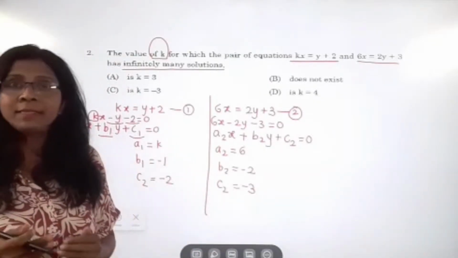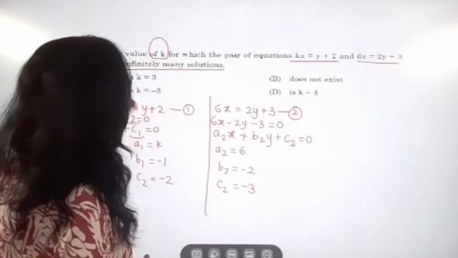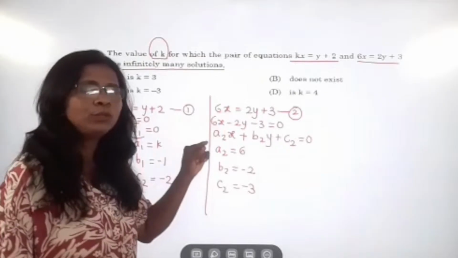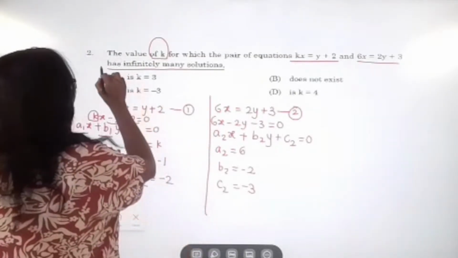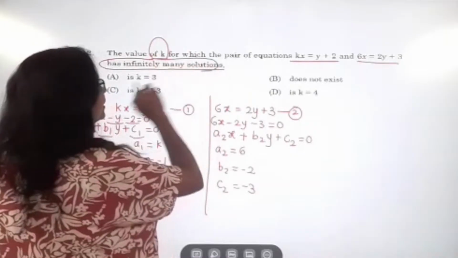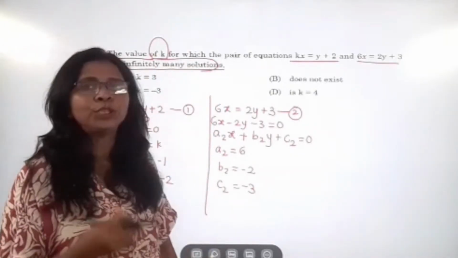But what will be the next step? The next step is the clue that is given in the example. Which one is the clue? The clue is that the pair of equations has infinitely many solutions.